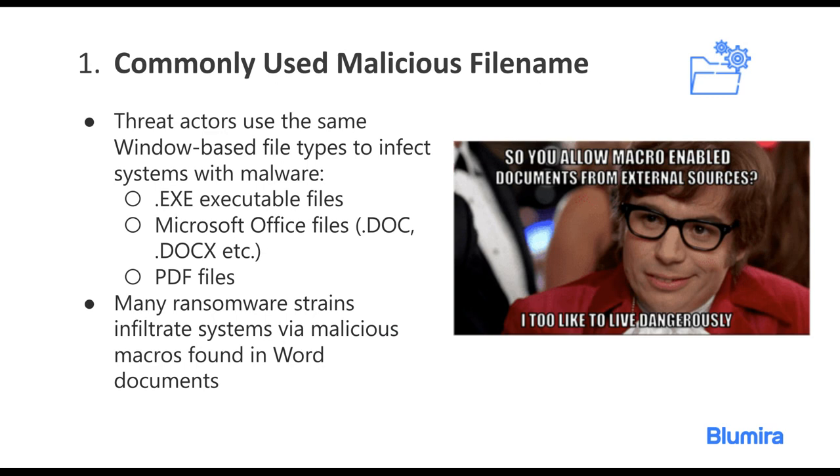So we're going to start out with commonly used malicious file names and file types. Generally speaking, if we're talking about the phishing side, spear phishing, however they're getting into the environment from the standpoint of your users, it's going to involve something coming from an Office document, usually a doc or docx.